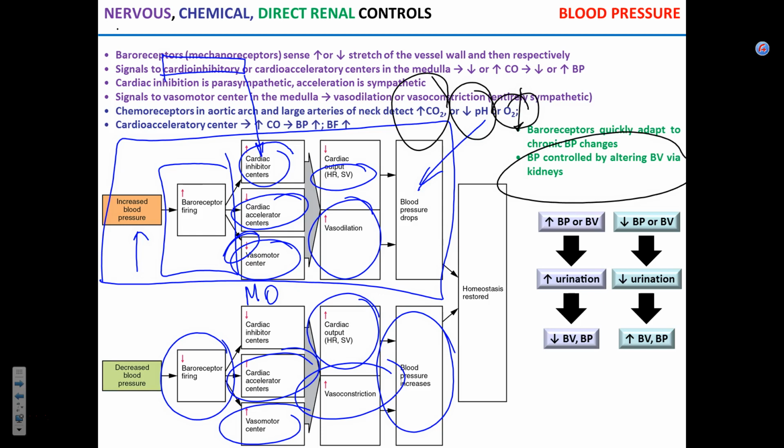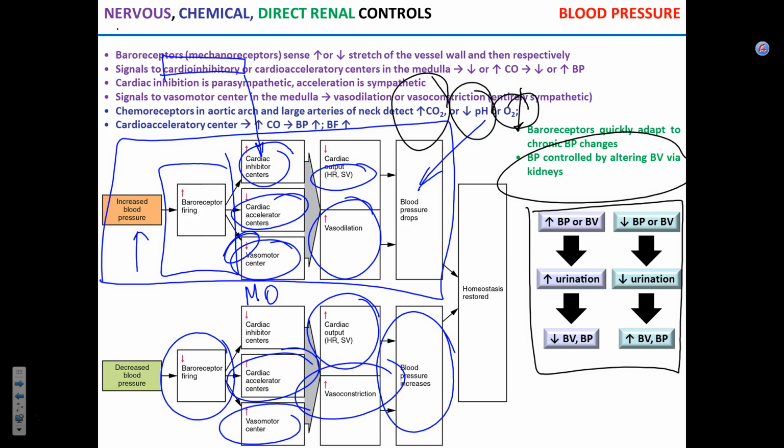Okay? And there's a direct renal control, which is super simple. Think about this. High blood pressure can be reduced by peeing out. Elevated blood pressure means more blood gets to kidneys. Are you with me? More blood to kidneys means more urine is produced. The more urine is produced and released, the less blood volume you have.